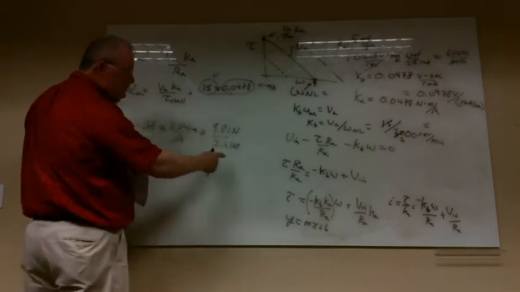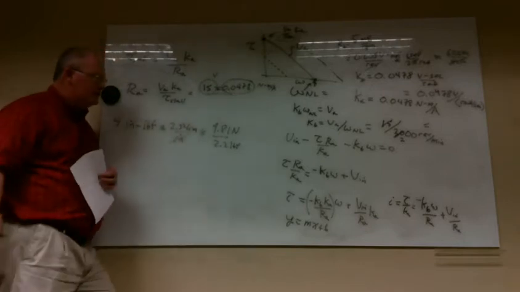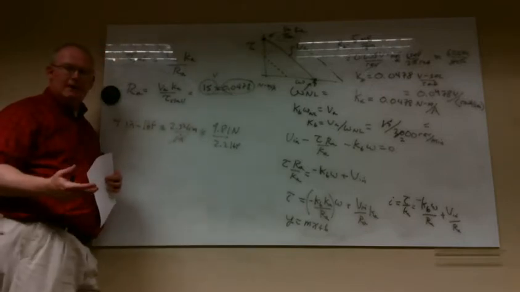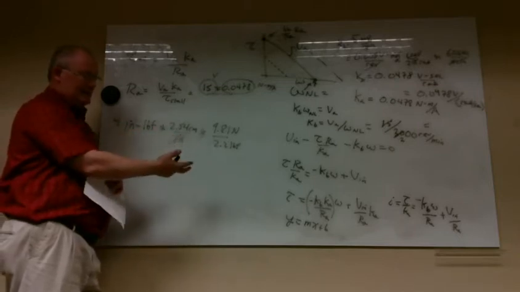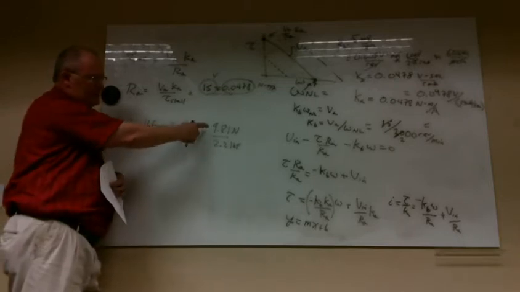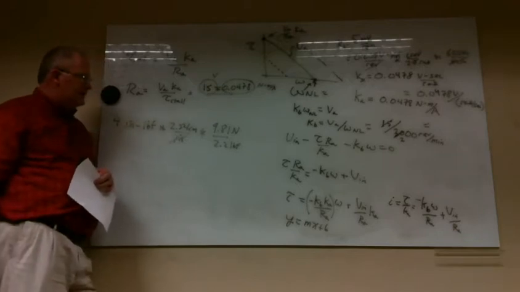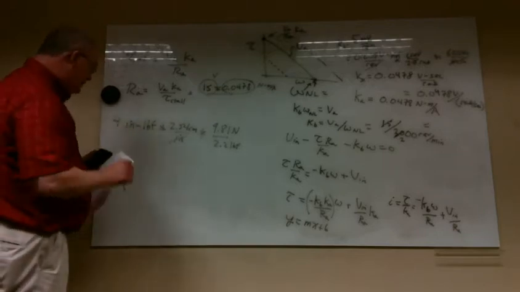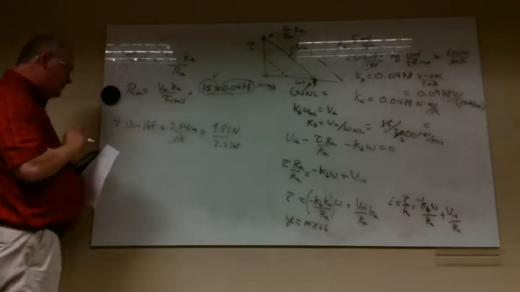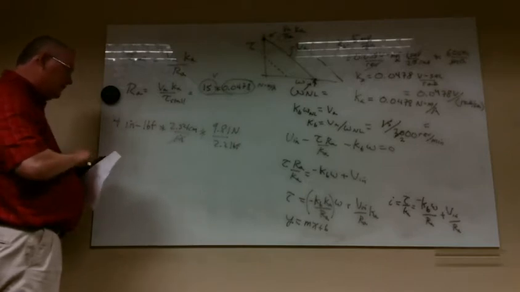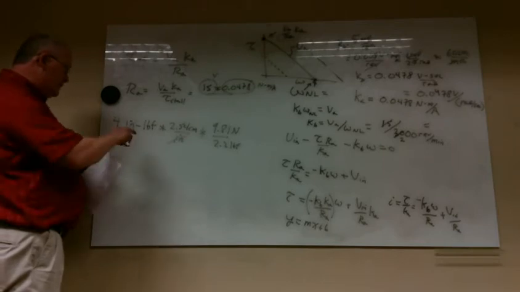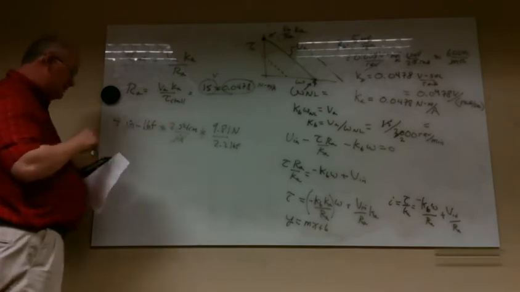Remember, if you went through the second order systems, what I said was that the weight of a kilogram is roughly 2.2 pounds, and it is exactly, within some accuracy, 9.81 newtons. So what we have then is that the torque in inch-pounds is going to give us this other number.